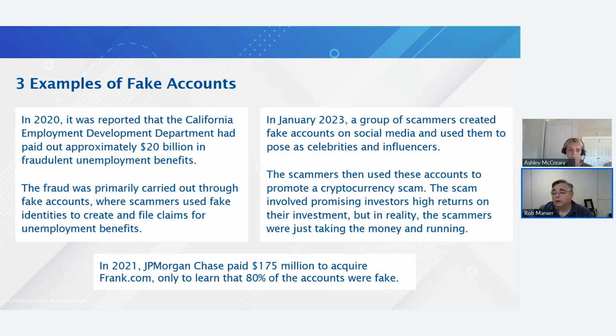Because it was rushed in trying to meet the need, they really didn't have a lot of fraud prevention in there. We saw a number of fake accounts being created, and it ended up costing the state of California about $20 billion in fraudulent benefits paid out. That's basically scammers using fake accounts or fake identities to do that.